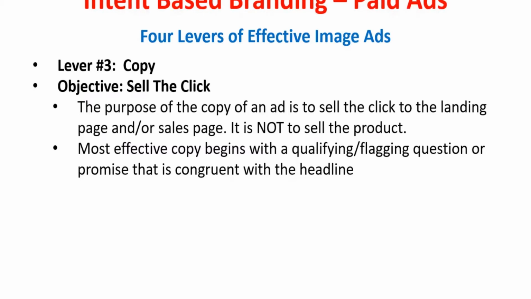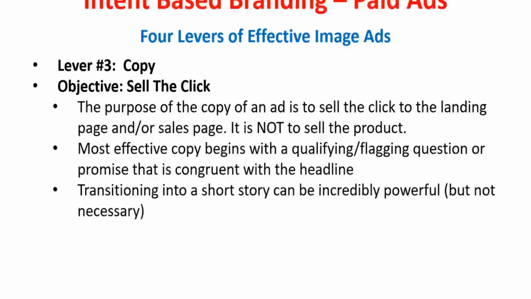So if how to get clients fast was my headline, then a great question to open up my copy with would be, do you want to know how to get more clients in the next 7 days than ever before? And then from there, you just lead into dialogue that will speak to the benefits of what you have to offer.